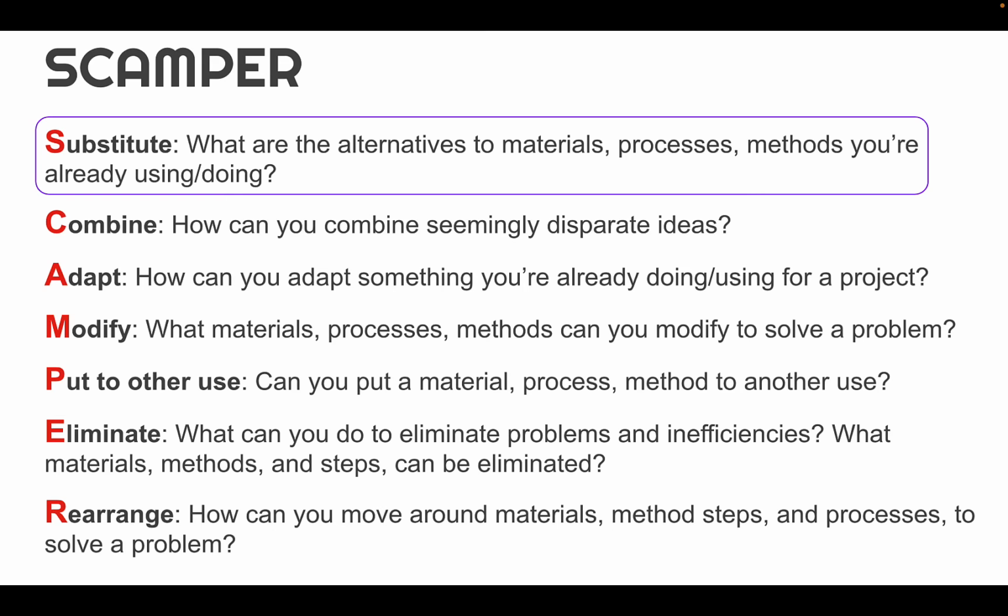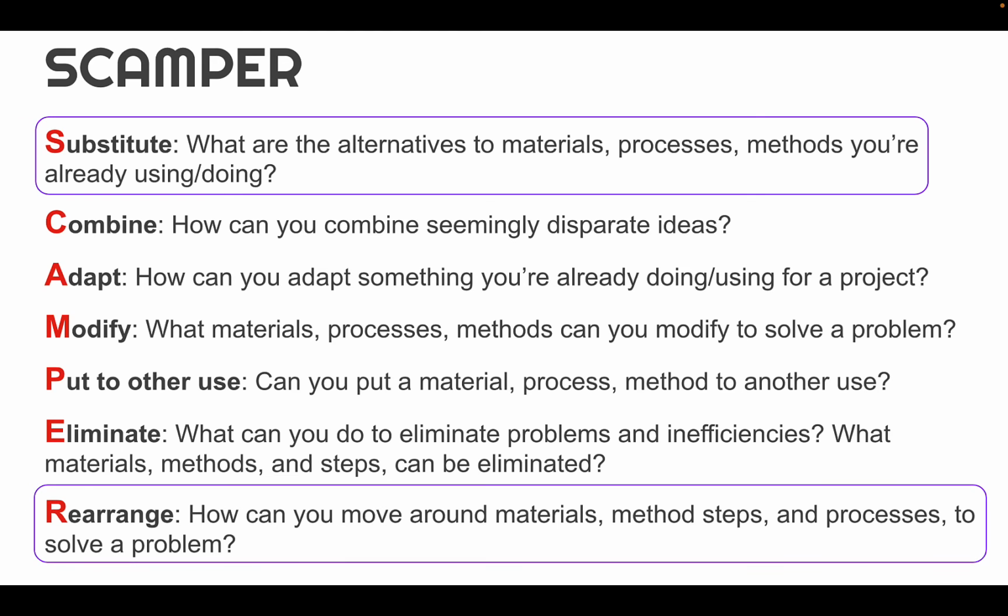Then, after that, take another 10 minutes to ask them to think about and record how they can move around materials, methods, steps, and processes to solve a problem. You'll see here that while it was one statement or one prompt, we can focus that prompt in multiple directions.